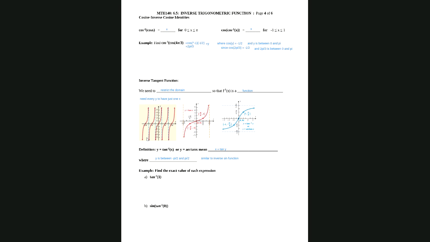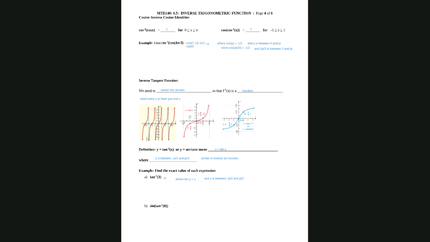Next, we're going to find the inverse tangent of 1. So I'm going to say this is equal to y, where the tangent of y is equal to 1, and y is between -pi/2 and pi/2. Right?